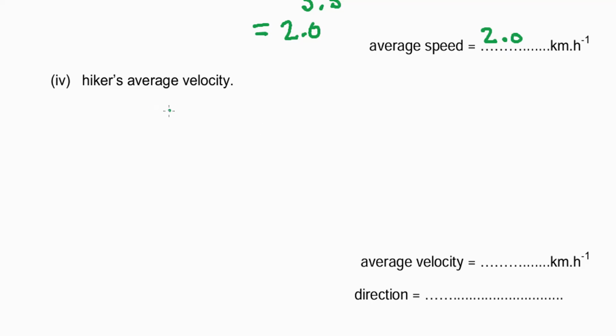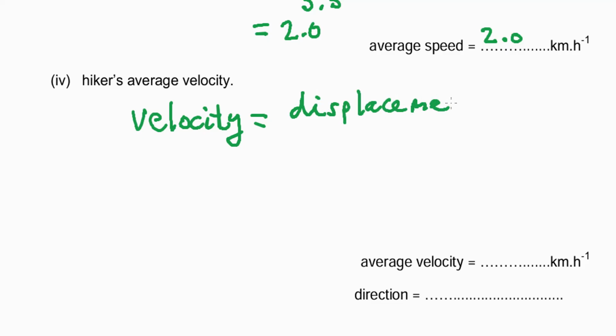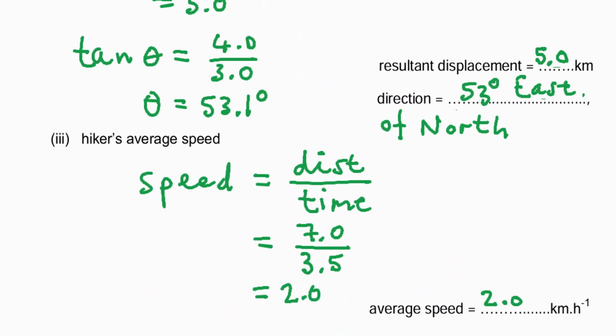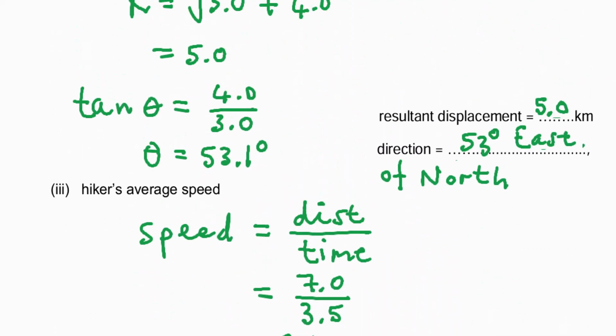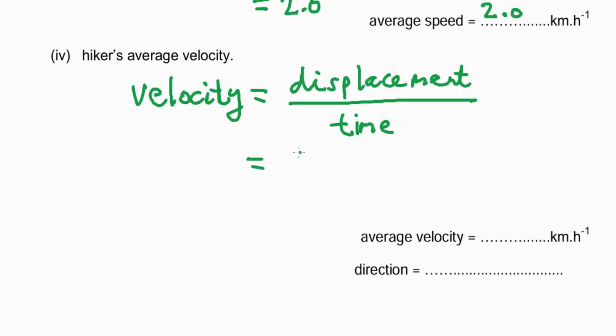Now we need to find the average velocity. And we know that velocity is displacement over time. We have the displacement. It was 5 kilometers, so 5.0 over the time, which was 3.5.